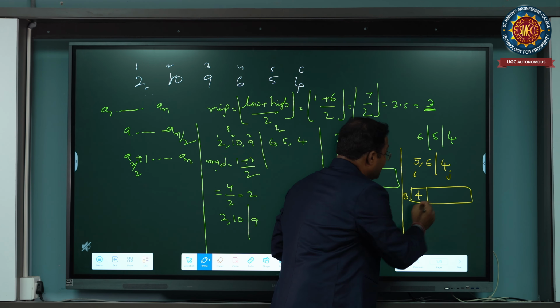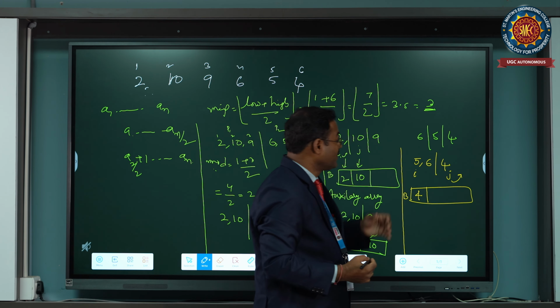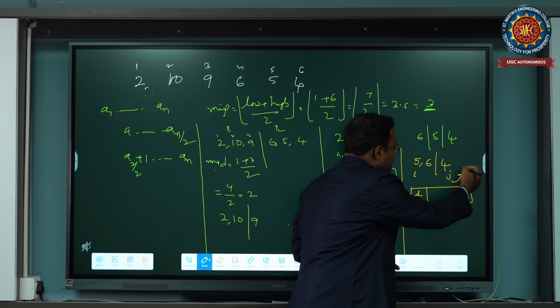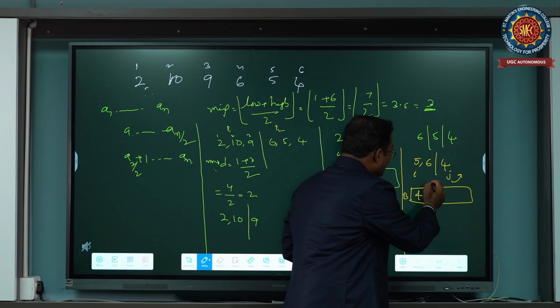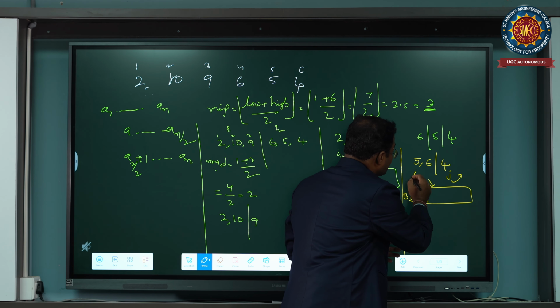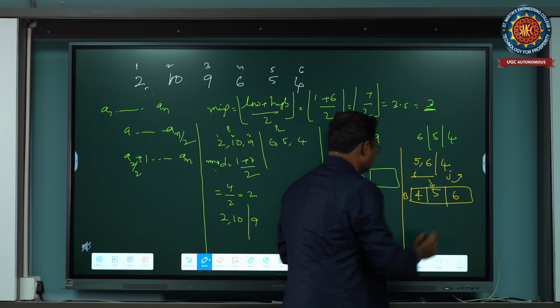Copy into the auxiliary array. Then increase this one. There is no next j position. Simply copy whatever elements are available from the left sub-problem into the auxiliary array.